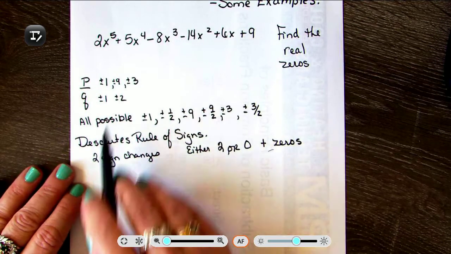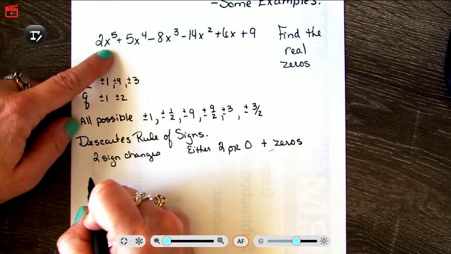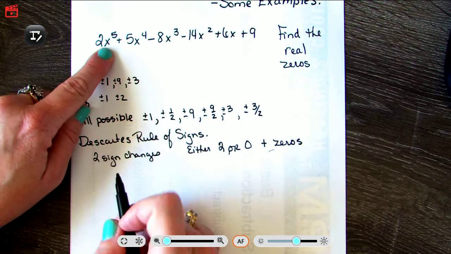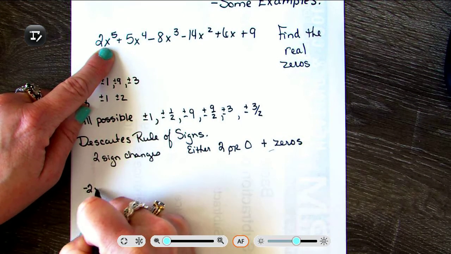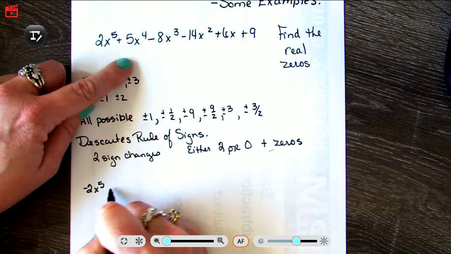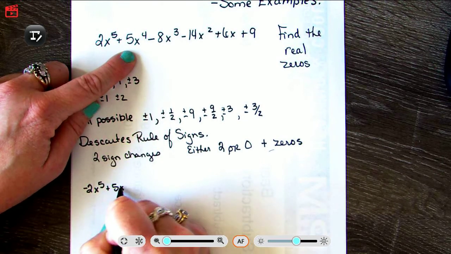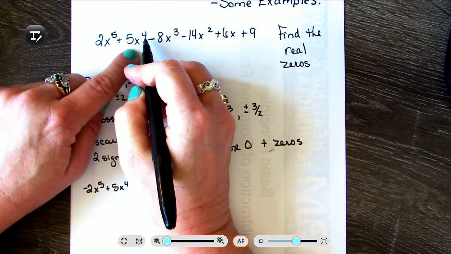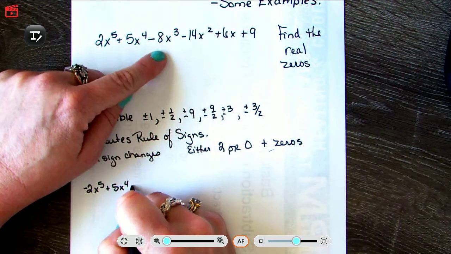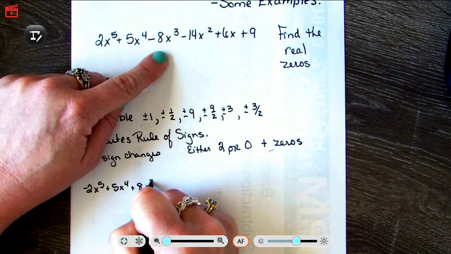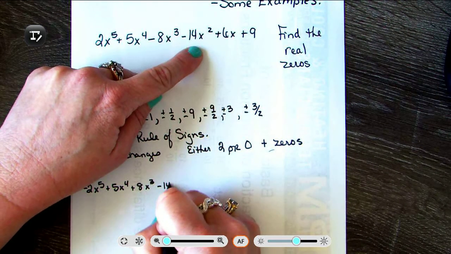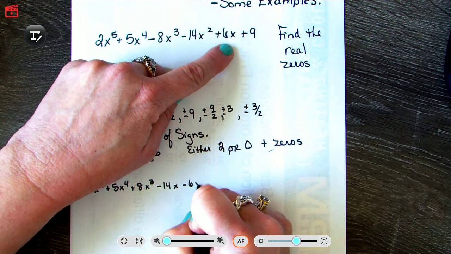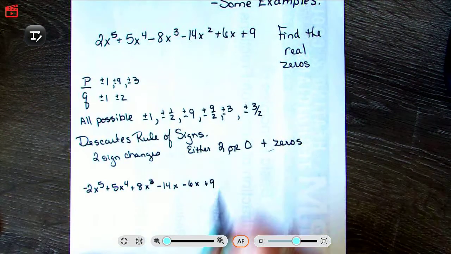We're also going to look at the negative. So I'm going to put a negative x in here. If I put a negative x in here, this becomes negative 2x to the 5th plus 5x to the 4th, because negative x to the even power is positive. This is going to change the sign, this one's going to stay the same, this one changes the sign, and that guy stays the same.